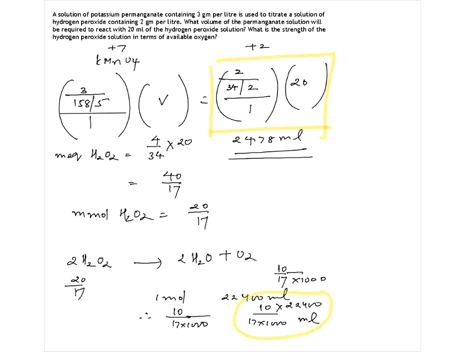It is like this. Certain volume. For example, we can say it is 20 volume hydrogen peroxide.